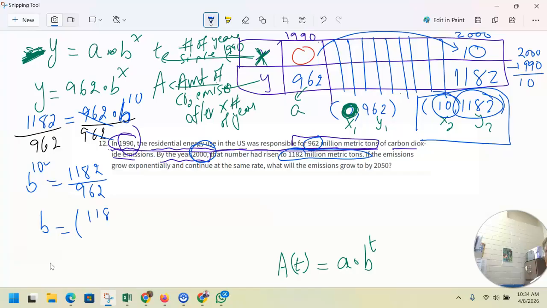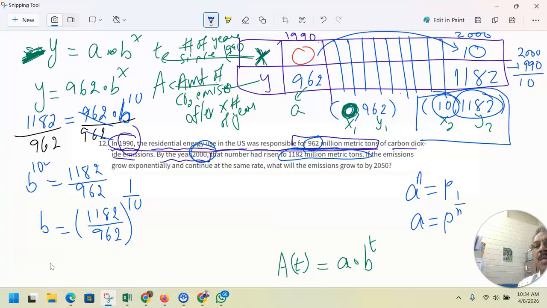The right side stays the same and is raised to the power 1 over 10. Even if you forget, it is like this: if A raised to N equals P, then A equals P raised to 1 over N. It is like a formula, so that's what I use there.